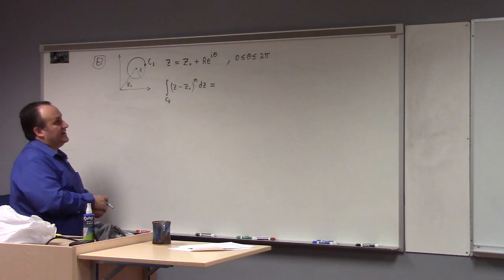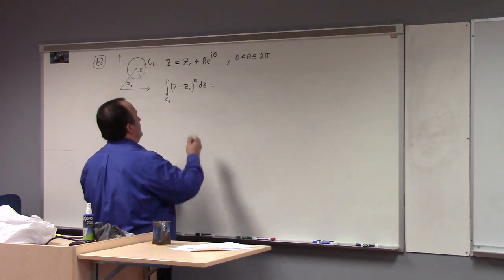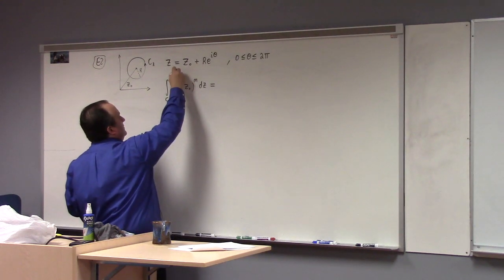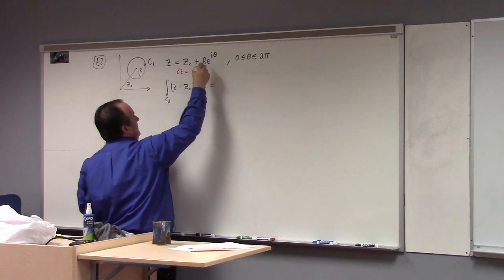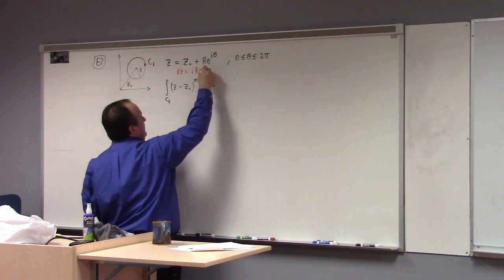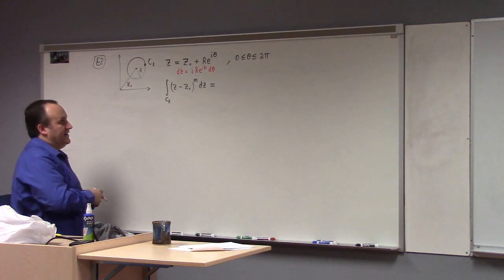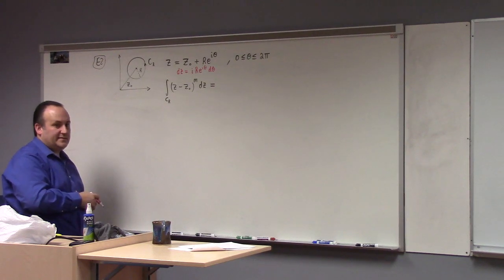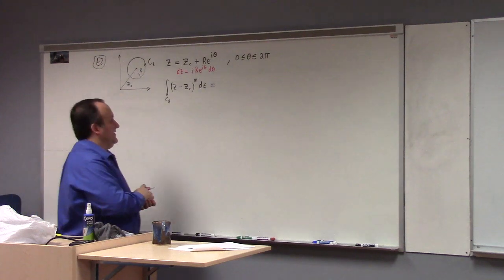So what is dz? So here, my dz is just i r e to the i theta d theta, right? If you like, you could say dz d theta is i r e to the i theta, and then I multiply by d theta, if that makes you happy. Because that's how this actually goes.